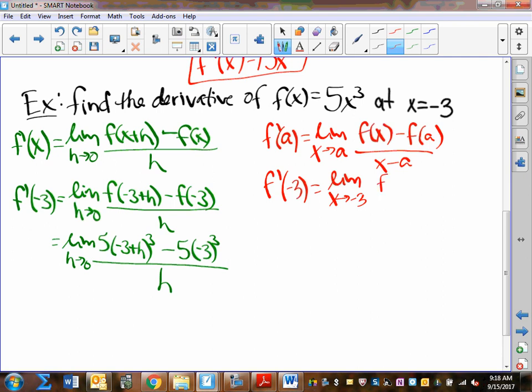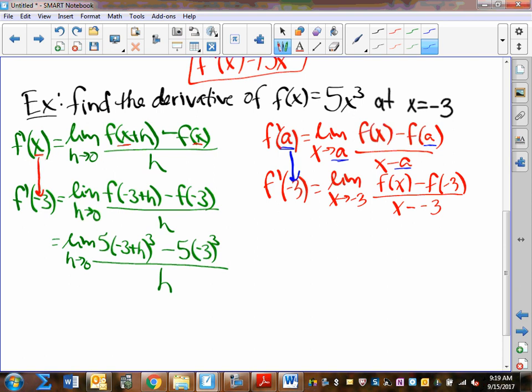So it'd be f of x minus f of a, and a is -3, over x minus a, so x minus -3. So again, notice here on the left, you're replacing x with 3, so that's why I replaced each of these x's with 3. Whereas over here, we're replacing a with -3. So we replace only the a's.